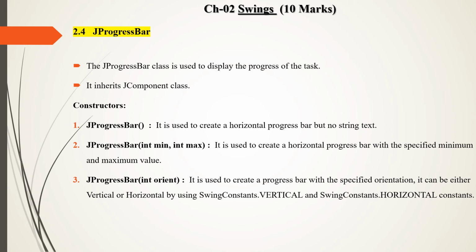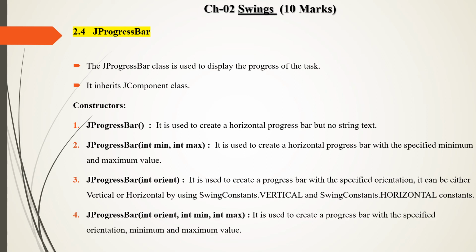So there are two constants, SwingConstants.VERTICAL and SwingConstants.HORIZONTAL. Vertical and horizontal, these words are in capital. So these two are the constants that are passed in the third constructor. And the last constructor of JProgressBar has three parameters.